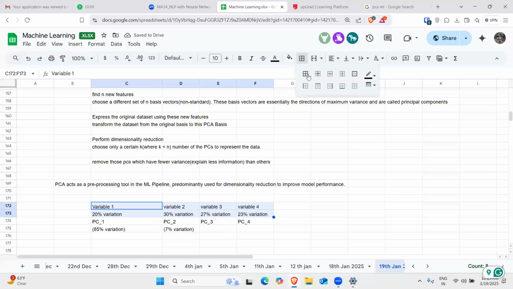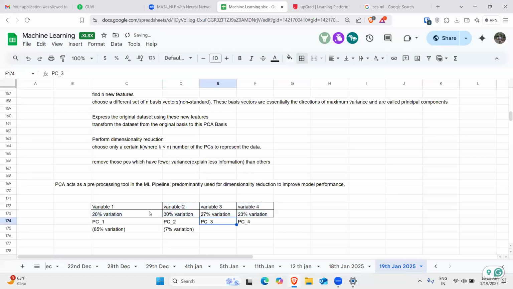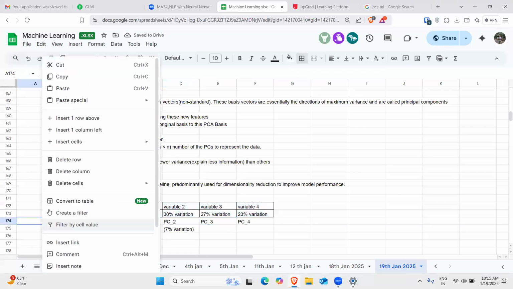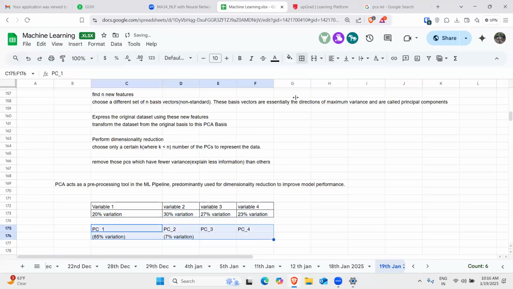Now we convert that into principal components, and this is how it looks. As you can see, principal component 1 has 85% variation, principal component 2 has 7%, principal component 3 is 5% variation, and principal component 4 is 3% variation.